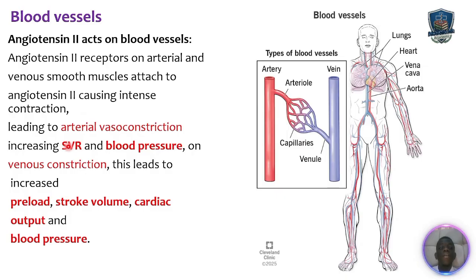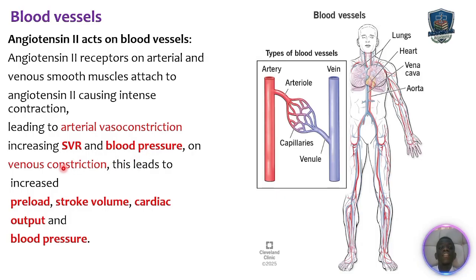Don't forget that. And from our formula for calculating blood pressure, BP equals cardiac output multiplied by the TPR or SVR. So when you increase the SVR and our cardiac output is constant, automatically that will lead to an increase in blood pressure.